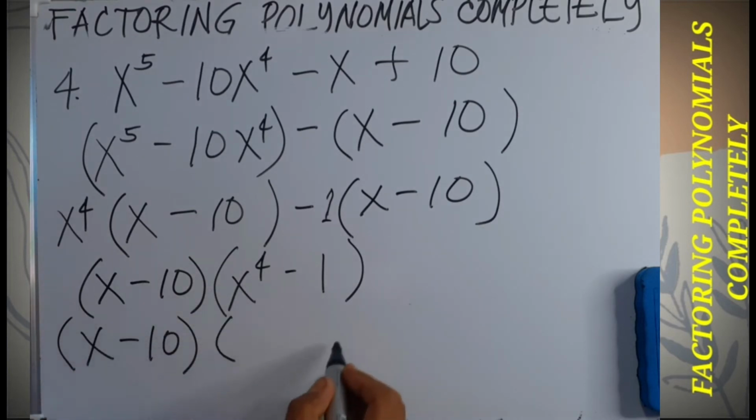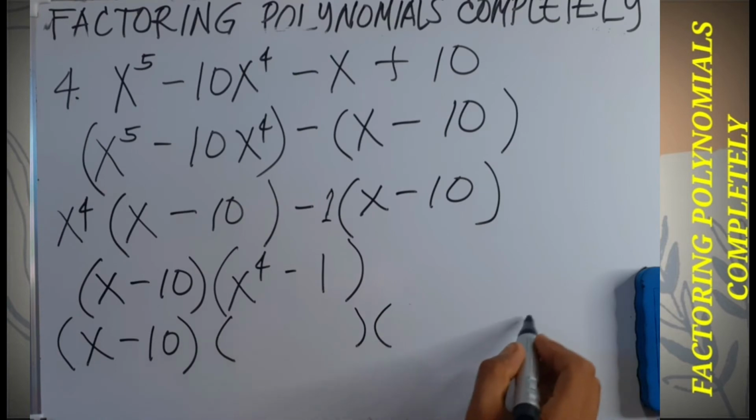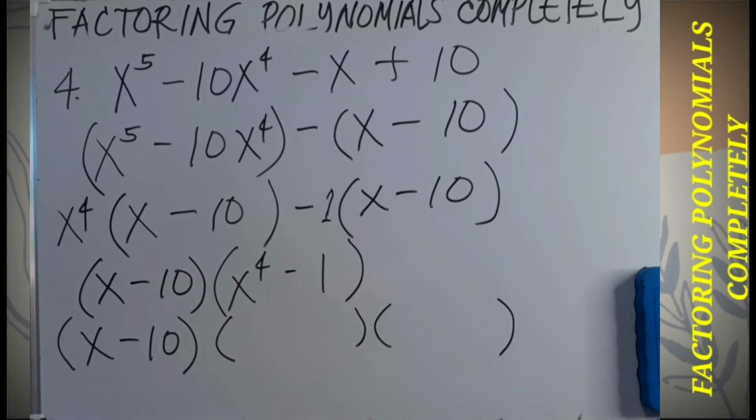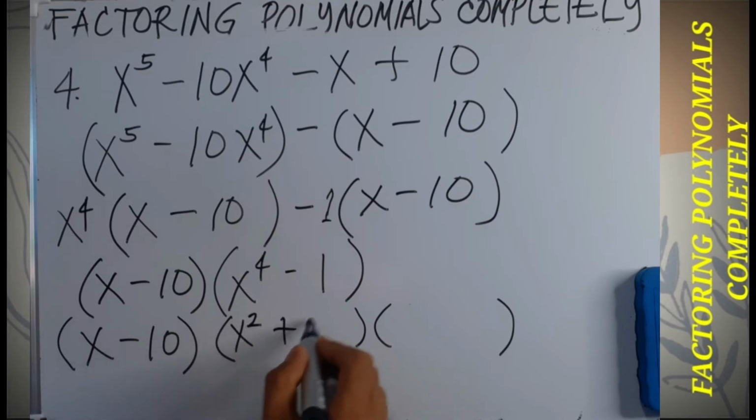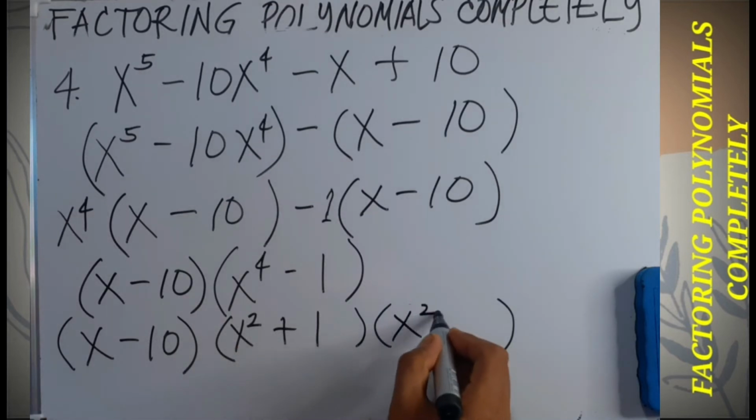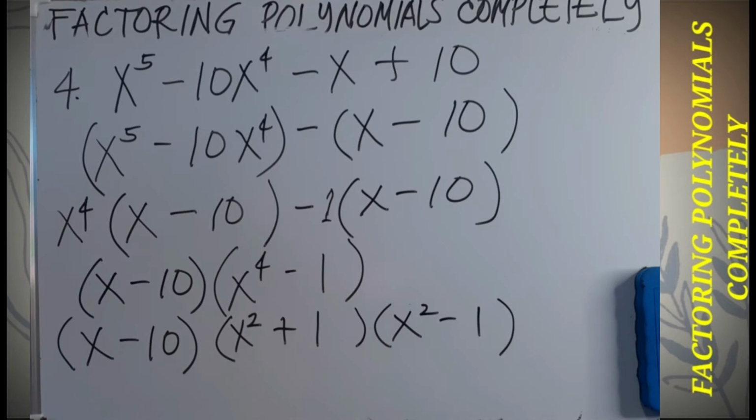Then, x to the fourth minus 1 can be factored again by difference of two squares. We have x squared plus 1, x squared minus 1. Again, x minus 10 is a prime factor. X squared plus 1 cannot be factored, so just copy.